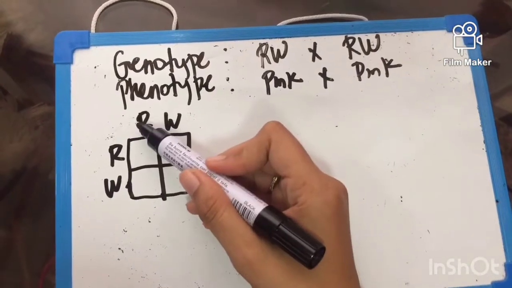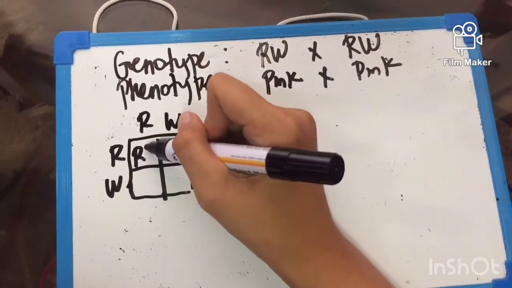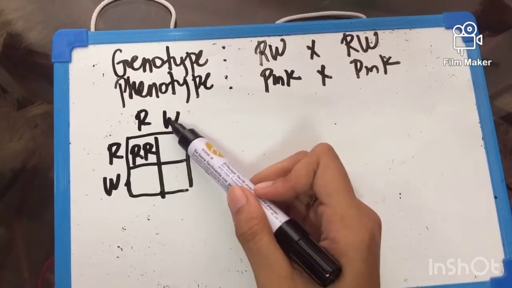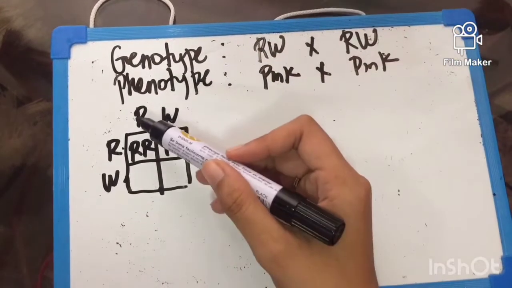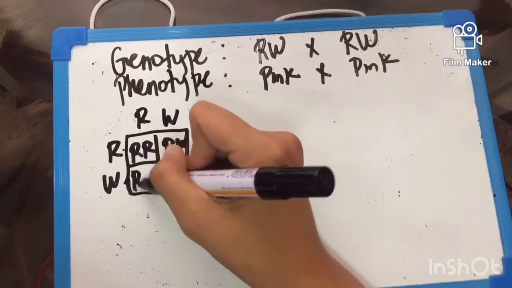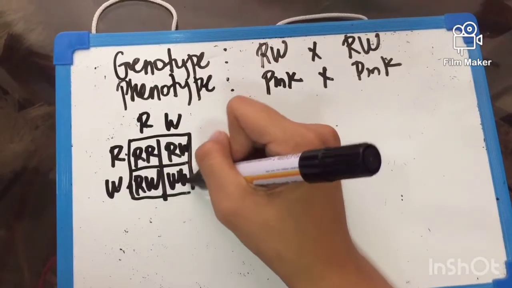For the first box, R, R, so you put RR. W, R, you put RW. R, W, RW. And WW for the last.